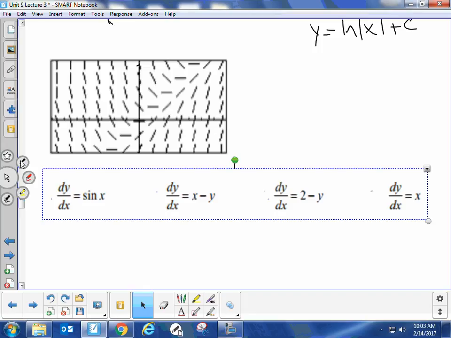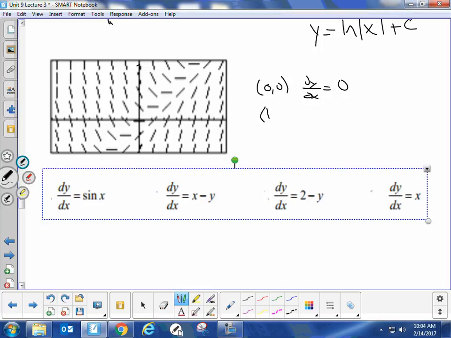So at 0, 0, the slope is 0. It looks like at 1, 1, the slope is 0. It looks like at 1, 0, the slope is 1, but at 2, 1, the slope is also 1.